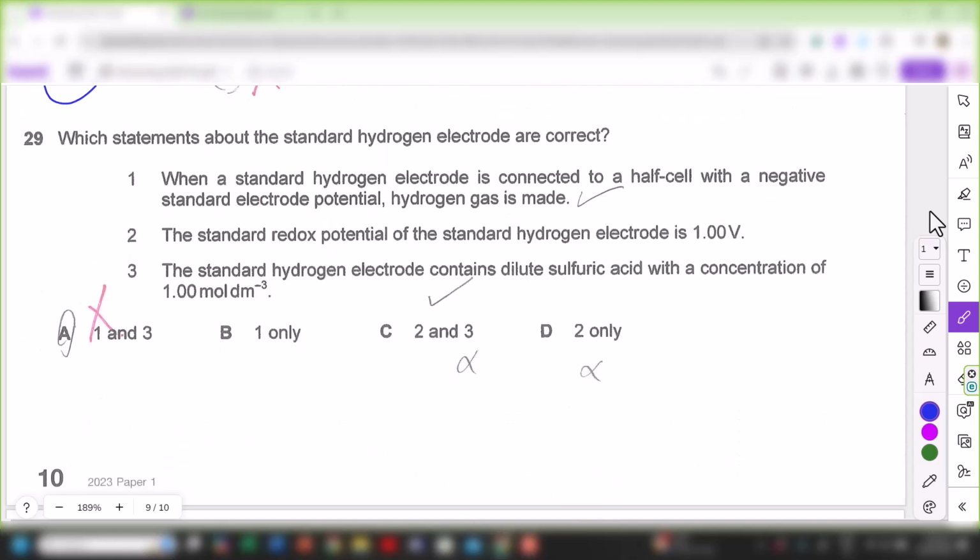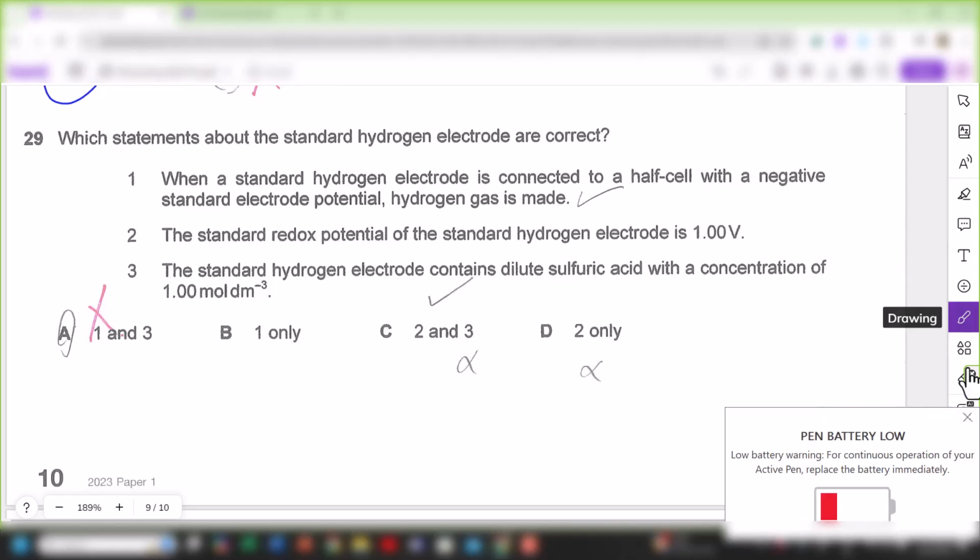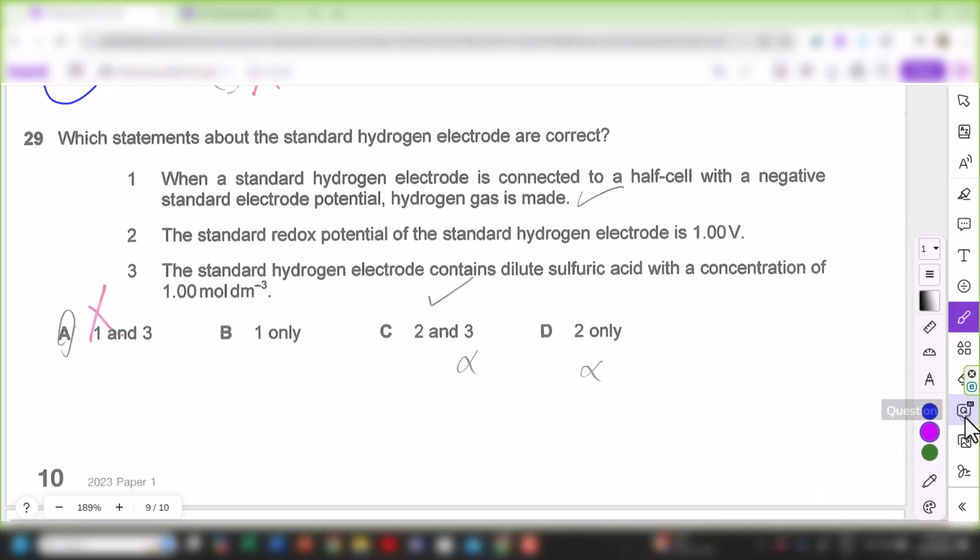Okay, question 29. Which statements about the standard hydrogen electrode are correct? When a SHE is connected to a half cell with negative standard electrode potential, hydrogen gas is made. Is this correct? Think of it from the perspective of connecting the SHE to, let's say, a Zn2+/Zn half cell.